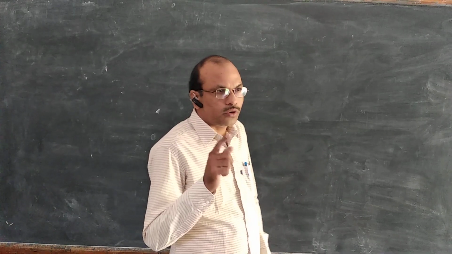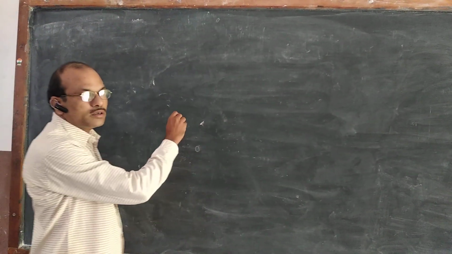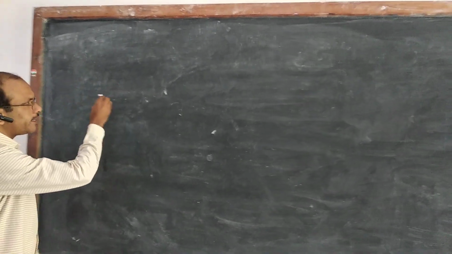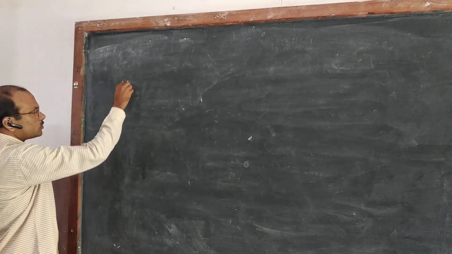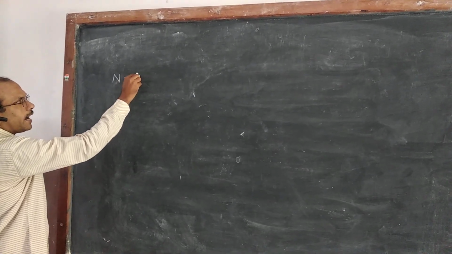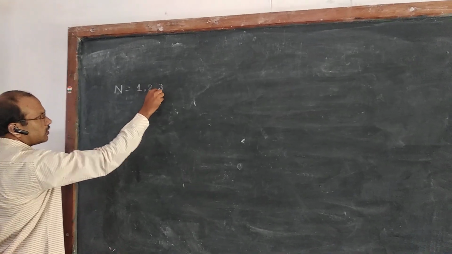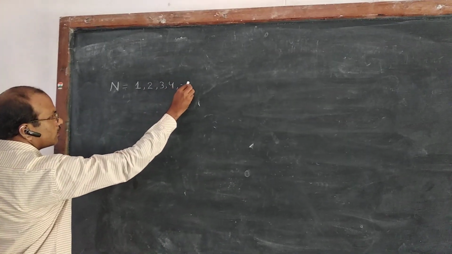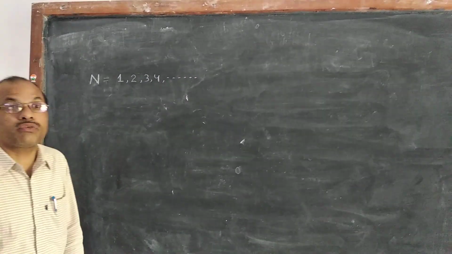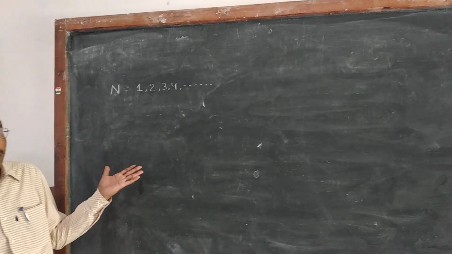Natural numbers are denoted by the capital letter N, start from 1, 2, 3, 4, and go on infinitely.